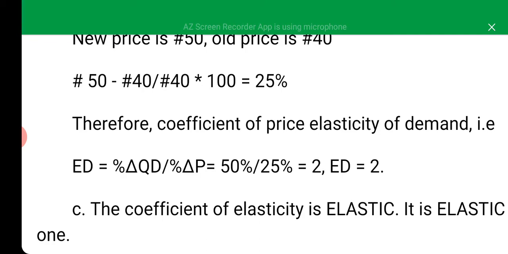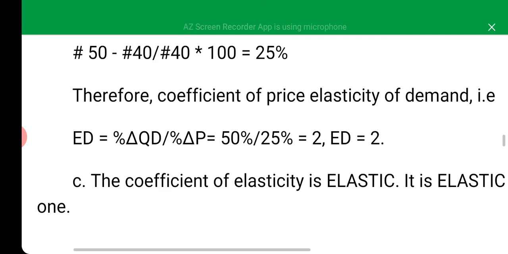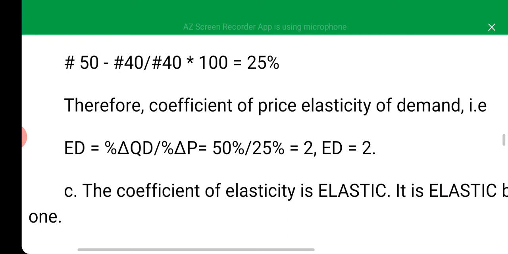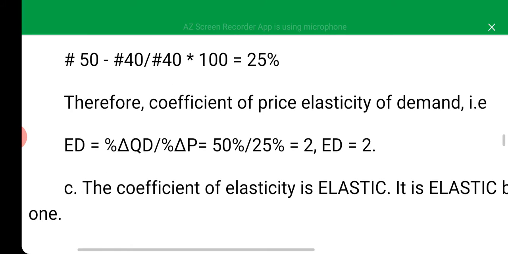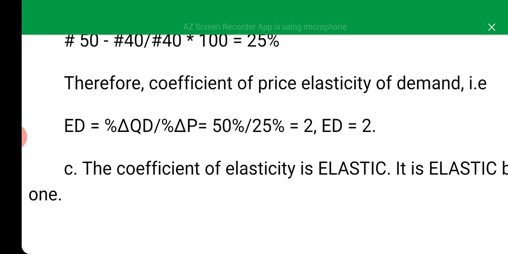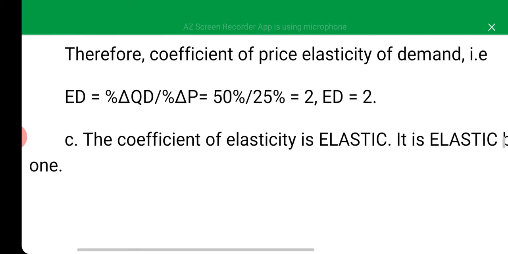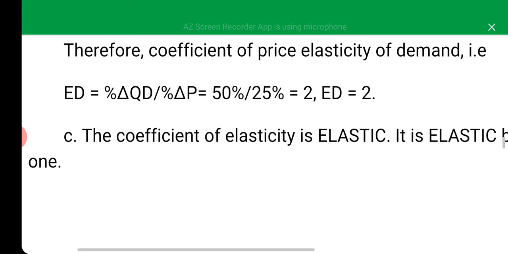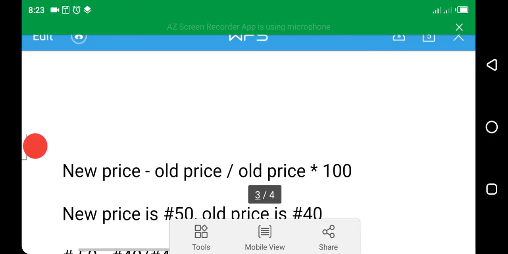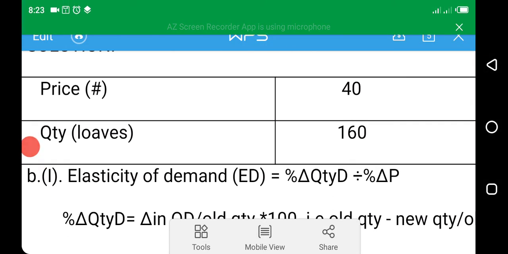So we have 50% divided by 25%. That will give us 2, meaning that our price elasticity of demand is equal to 2. So that answers part B of the question.